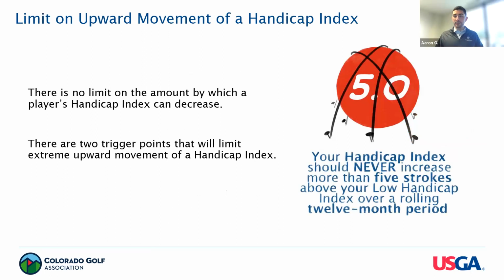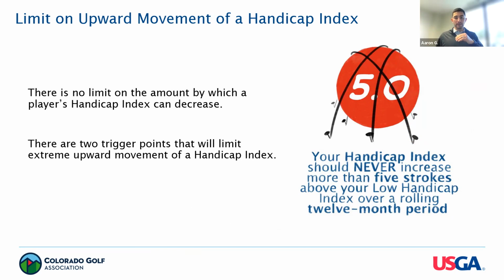Okay, and the cap procedure was introduced to limit the upward movement of a handicap index. Kind of what these look like, right? So I call a soft cap kind of a little hill, and then the hard cap I call a wall. You reach the soft cap whenever the current handicap index gets to 3 points higher than the low handicap index.